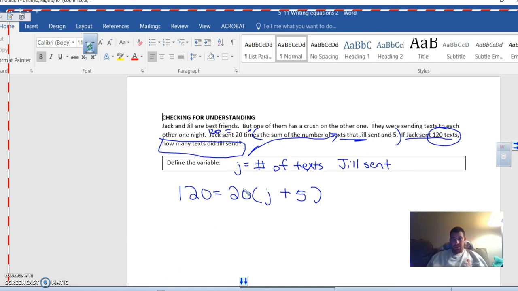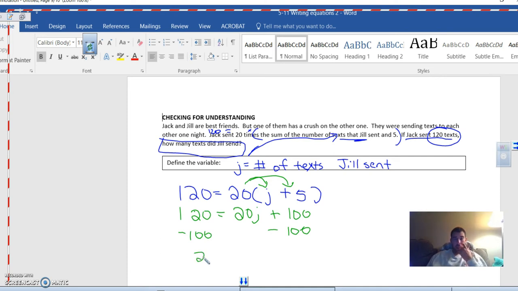If you want to go ahead and do this, that's awesome, or you can just wait and I'll work it out. So we distribute, and hopefully I do it right, unlike the last video where I messed one up. So 120 equals 20J plus 100. Subtract 100, subtract 100.